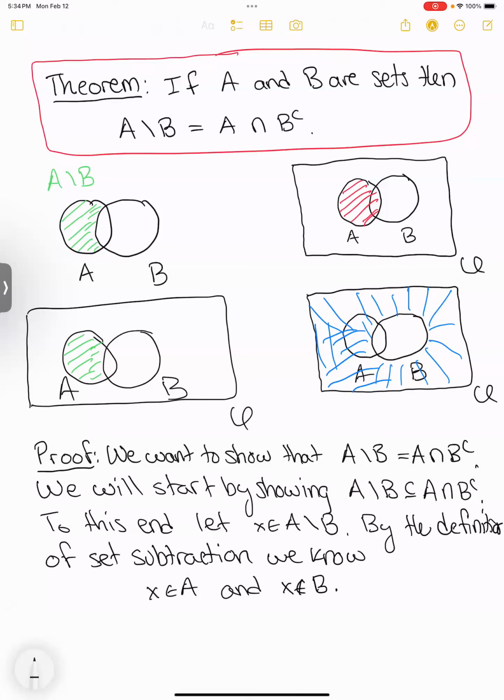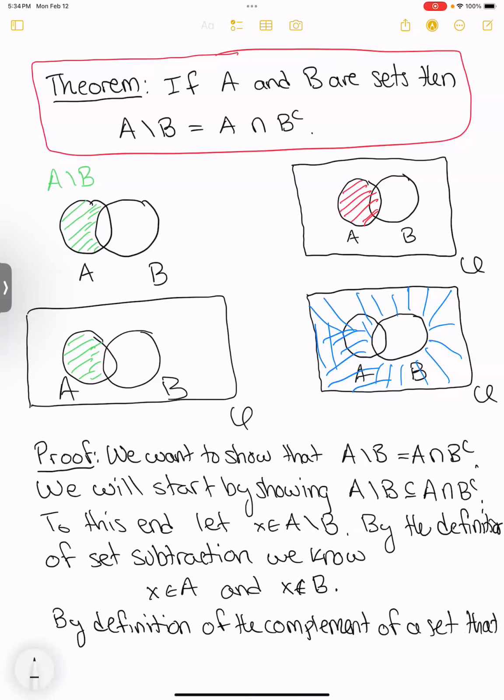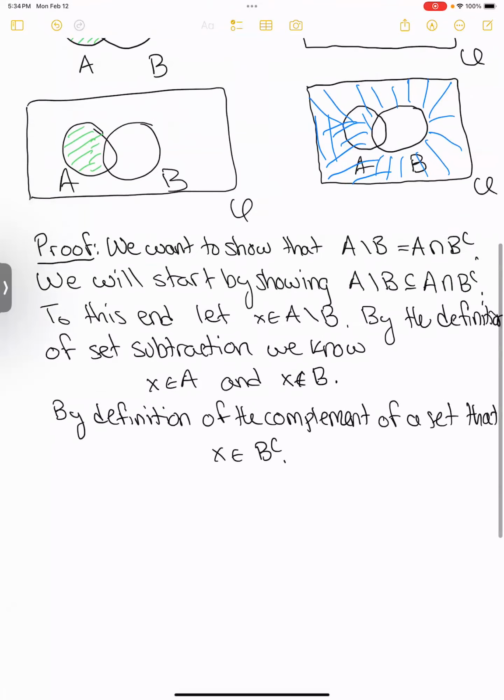Okay, but if x is not in B, then we know by definition of complement that x must be in the complement of B. Because if you're not in B, then you're in the complement of B, right?